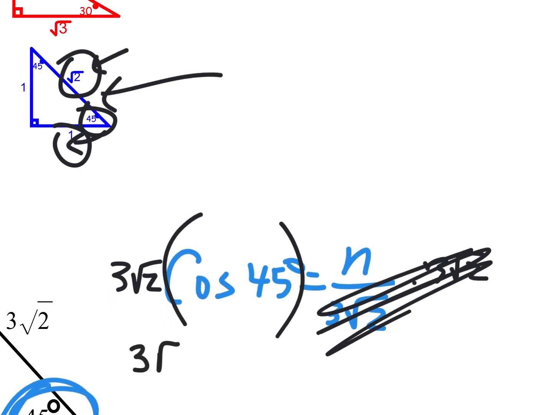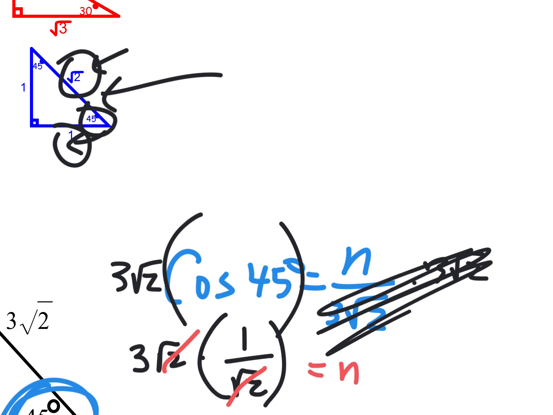So 3 root 2 times 1 over root 2. Oh, this one's working out really nice because look, cancel, cancel, and it equals 3. Anybody have 3 before I said it? Okay. All right, good. So that's what today is like.